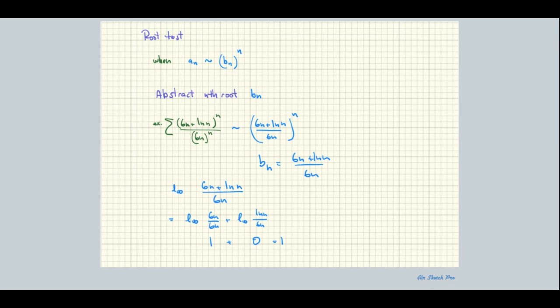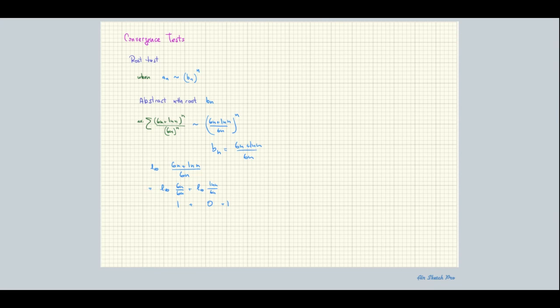So, let's try a different example. Make sure I'm in green. And move over here. There we go. Okay. Here's my new example.